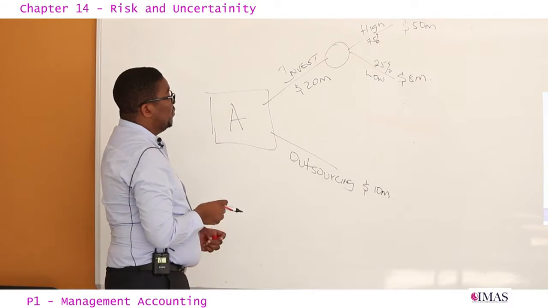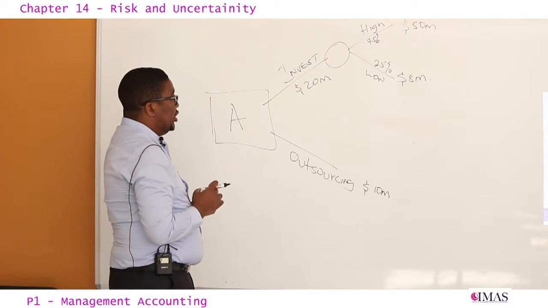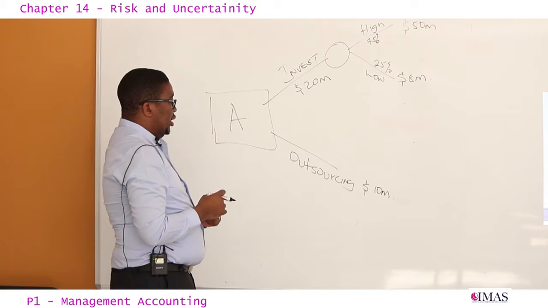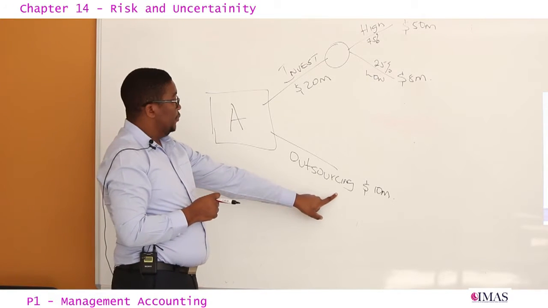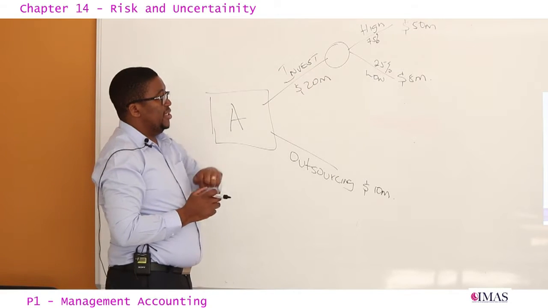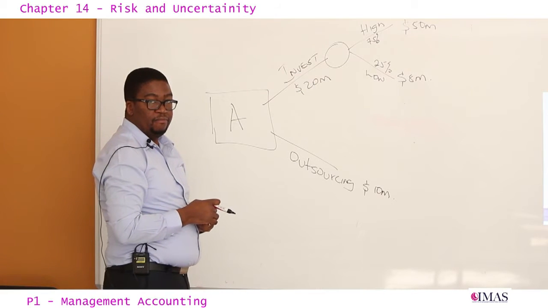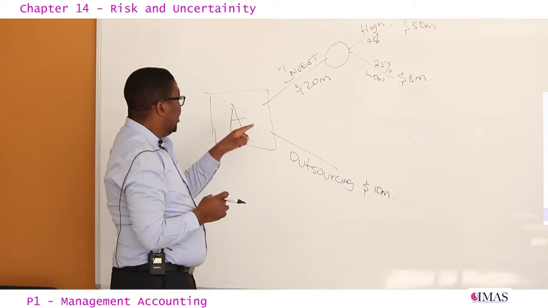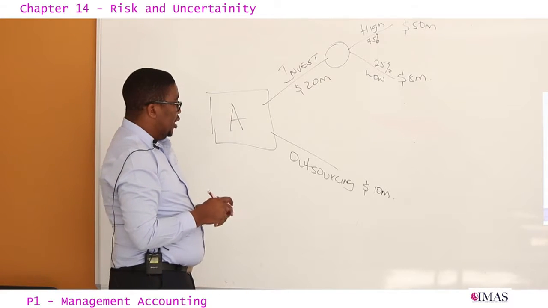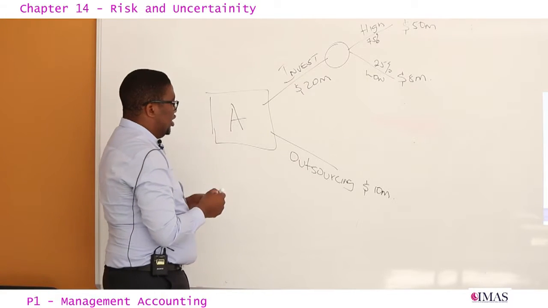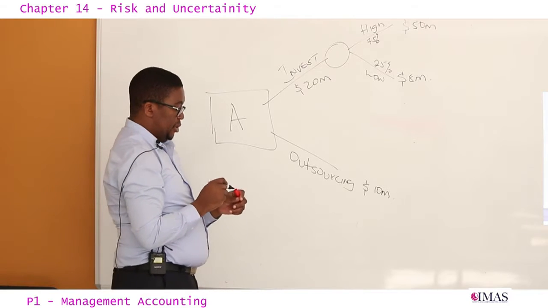Therefore, what we need now to decide on is: is it best to outsource or is it best to invest? At this particular point, if you outsource, you know you're going to make 10. It's easy.